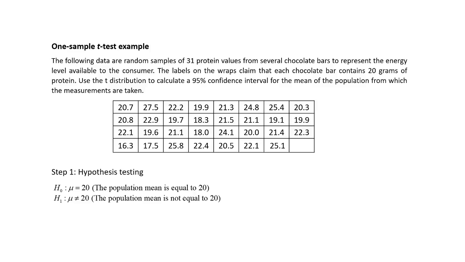Now let me quickly show you how I calculate this without R. Our n equals 31, then the x bar, which is the mean, equals 21.39.